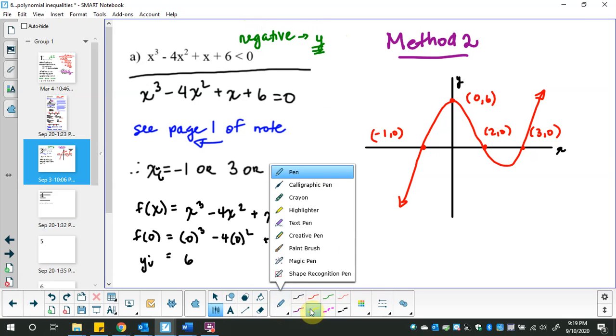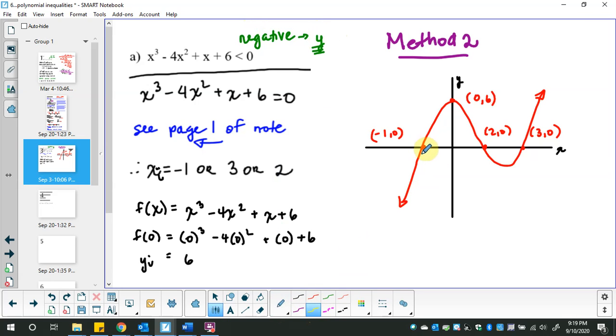Let's see if I'm going to do it with this one. Y is negative in all this space right here and all this space right here. But it's not negative here, so I throw a circle around it, and here, and here.